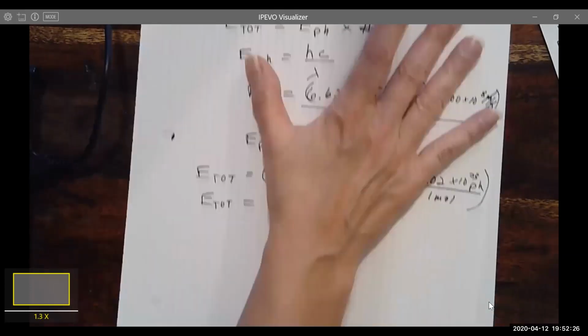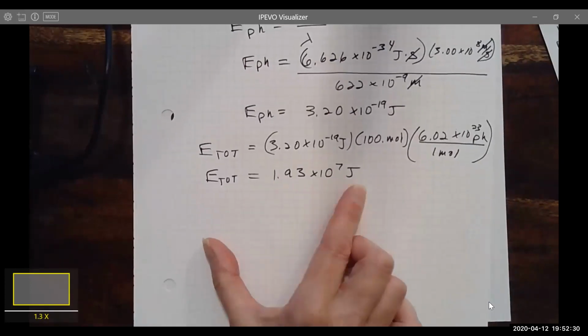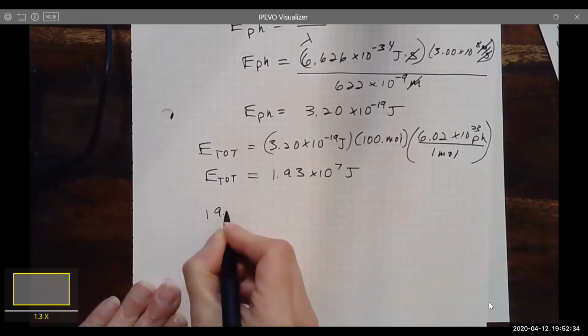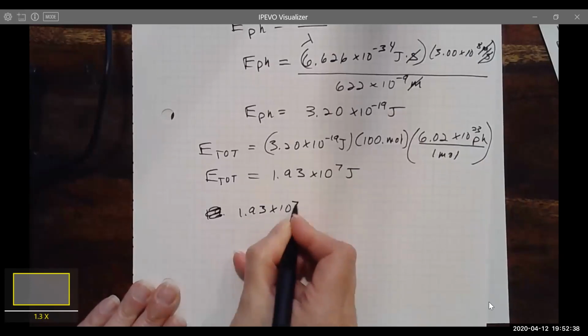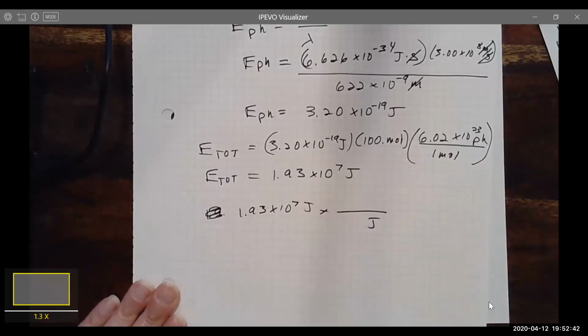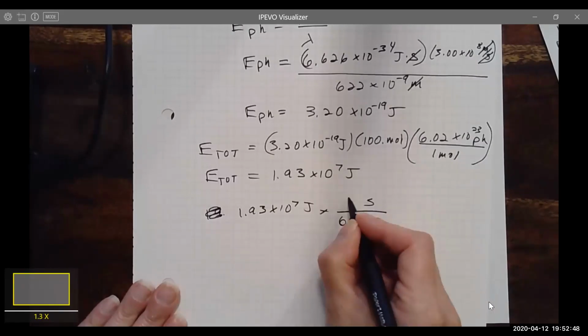We know that the total energy released in that 100 moles of photons is this many joules. So to figure out the time, 1.93 times 10 to the 7th joules times, I want to cancel out joules and get to seconds. And it tells us there's 60 joules released every second.